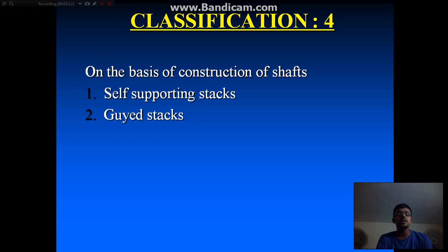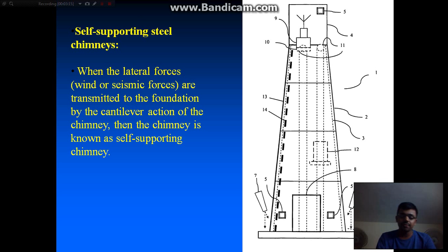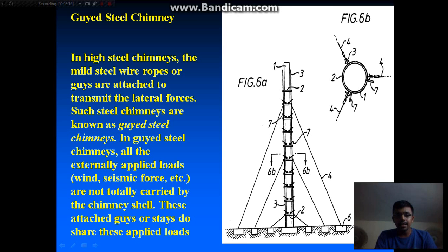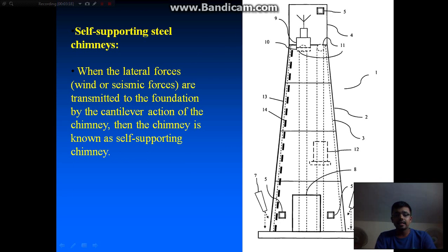In the self-supporting stacks, if you look at the figure over there, here you can see a self-supporting stack. So what does it mean? That the lateral forces, like in the case of winds or the seismic forces, are transmitted to the foundation by the cantilever action. If you imagine a chimney, it is just a vertical cantilever beam, as its foundation is fixed with rigidity and the upper end is free.